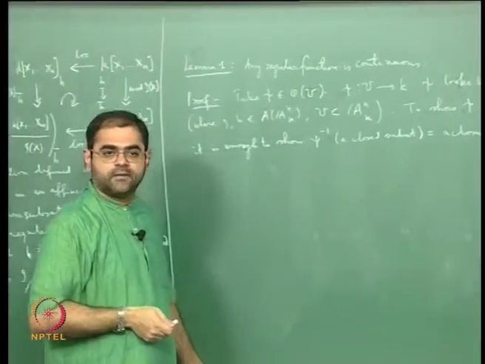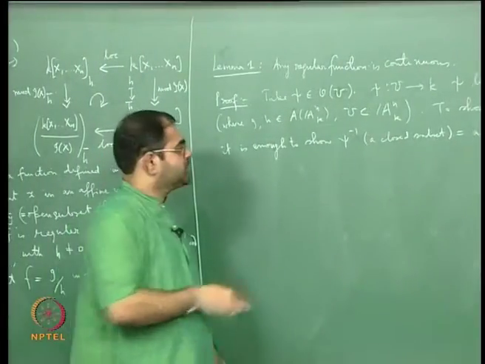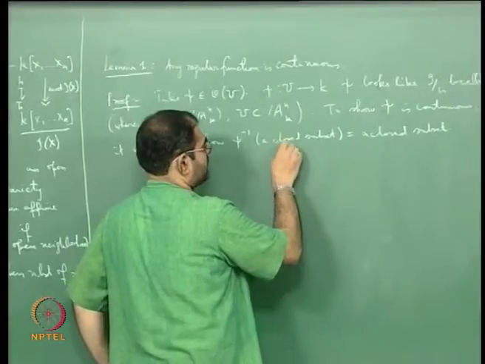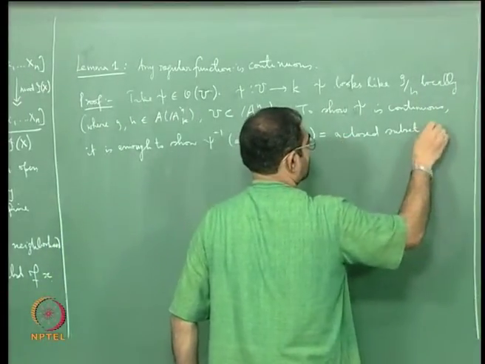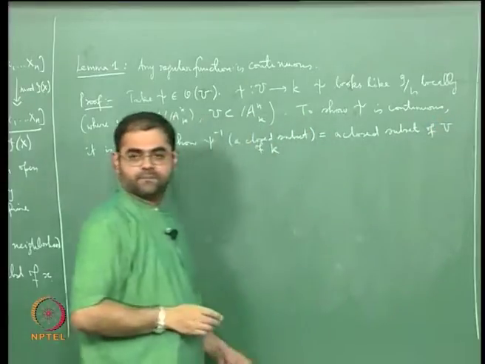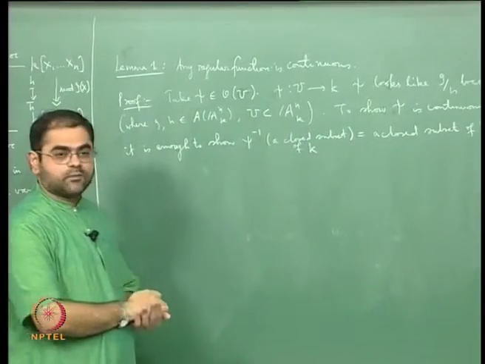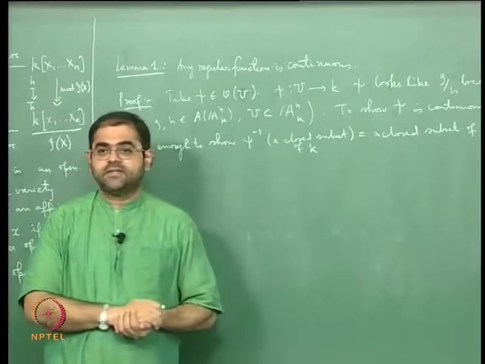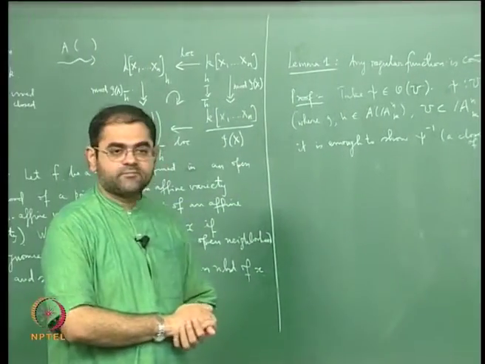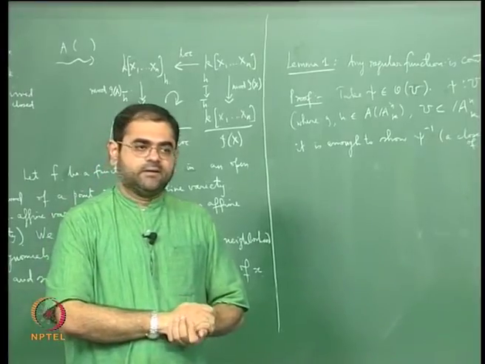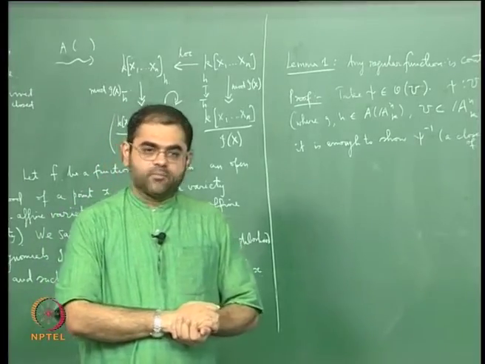okay. All right, so psi inverse of a closed subset of K is a closed subset of U, this is what I will have to show. But then what is a closed set in the Zariski topology on K, which is A1? The Zariski topology is just the complement finite topology, namely the only closed sets are finitely many points.